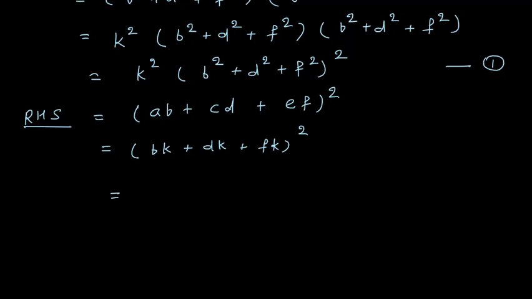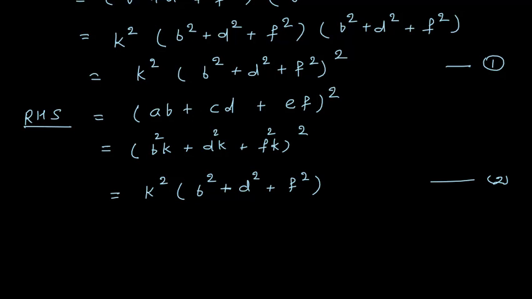So now here also if you take K common, it will become K square, and here we have inside B square. Yes, I have done one mistake. A I have written as BK into B, so it will become B square. Here into D, so it is D square, and this is F square. So here we have B square plus D square plus F square. Let us consider this 2.